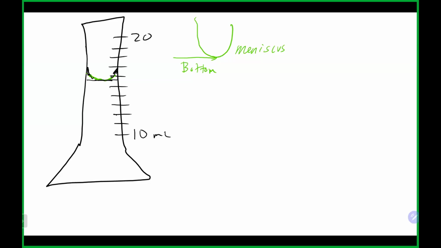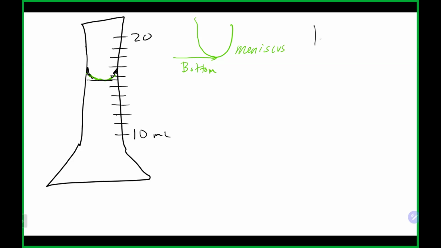And when you fill it to the 50 line and you dump it out, you're like 40 something. It's way off. That's because the meniscus got spread out and you can't really see correctly where it's at. It's also a good thing to think about using the proper device when you take measurements.